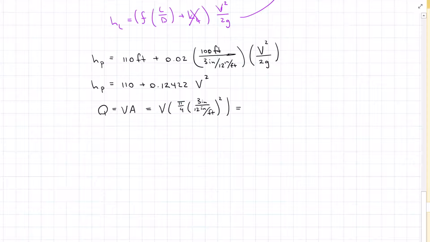And that gives me a flow rate of 0.04909 V. Plugging that back into my pump equation, I have 51.554 Q squared.